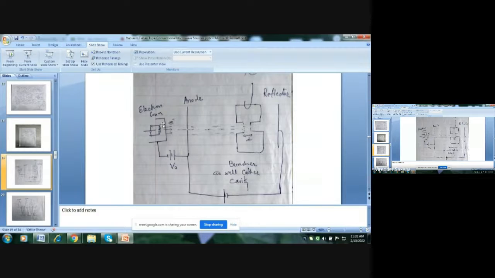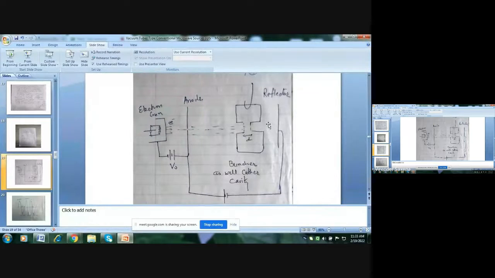The phenomenon from the electron gun to the buncher cavity is the same, but there is a change. We apply a negative potential between this cavity and the reflector, and due to this reflector voltage, electrons enter a drift space which has a negative field.